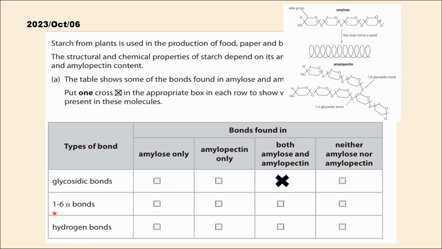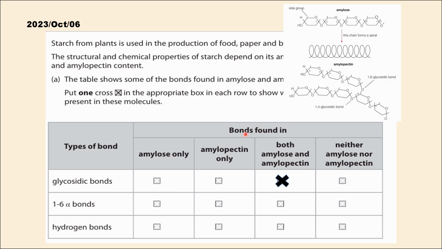The next statement is 1,6-alpha bonds. Recent papers have specified these as 1,6-alpha bonds because they form with alpha glucose, and your textbook mentioned them as 1,6-glycosidic bonds.